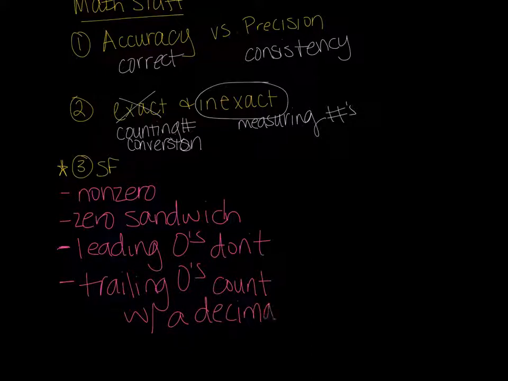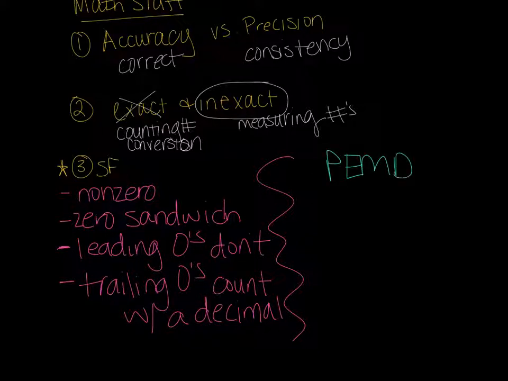Once you've figured out what your sig figs are, you do have two separate rules for when you're doing the math, and you will be asked a question where you're going to have to do multiple steps. So make sure you're following your order of operations, PEMDAS, where you are starting with your parentheses, then exponents, then multiplication, division, addition, subtraction, okay?